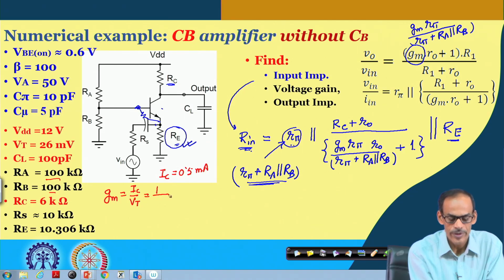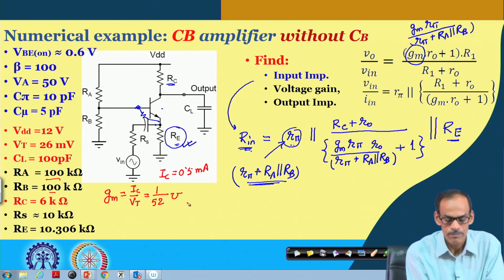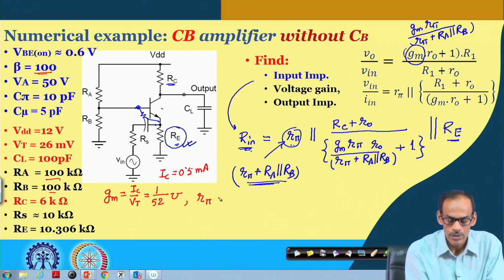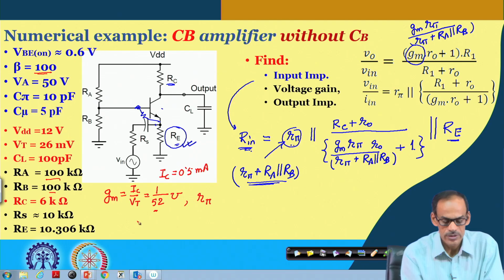So that is 1 by 52 mho, and also R pi, which is beta times 1 by G m. If I use this value of G m, we get R pi equals 5.2 kilo ohm.